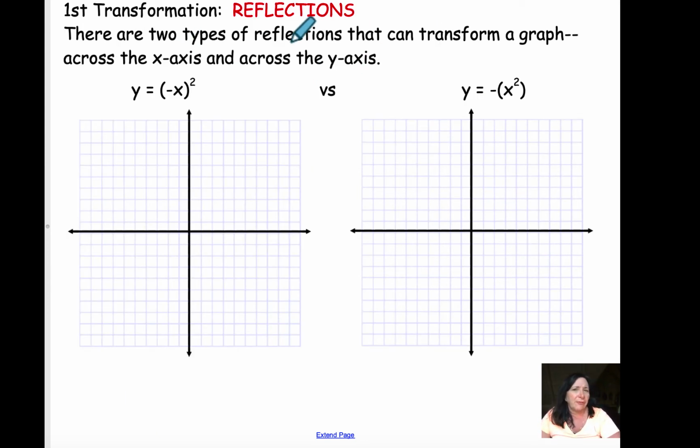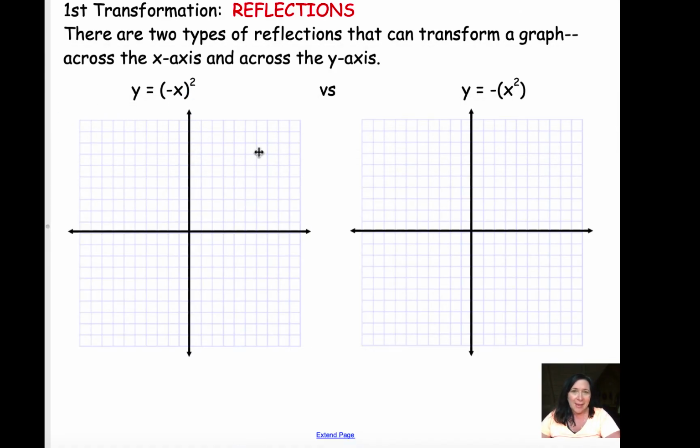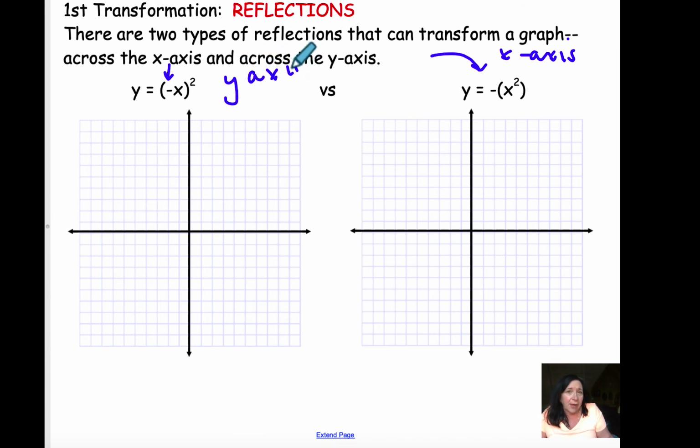So starting off with reflections, we have 2 types of reflections. The first reflection is where you have the value inside here, versus y equals the outside reflection. Basically, the outside reflection is across the x-axis, and the reflection inside here is across the y-axis, and that's the difference right there.